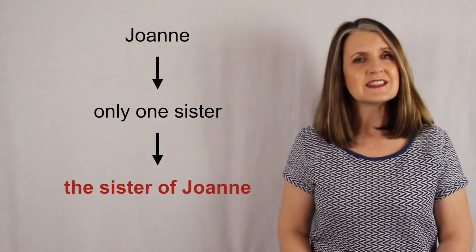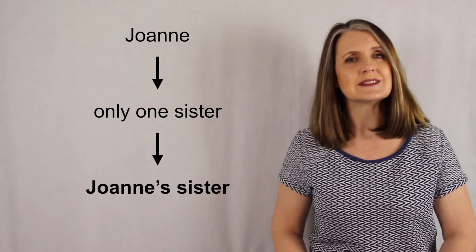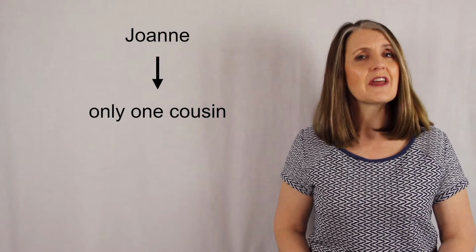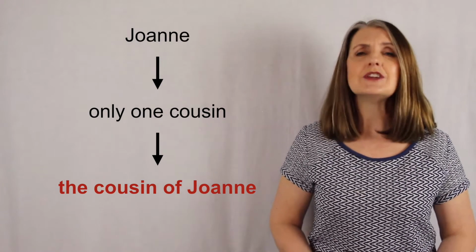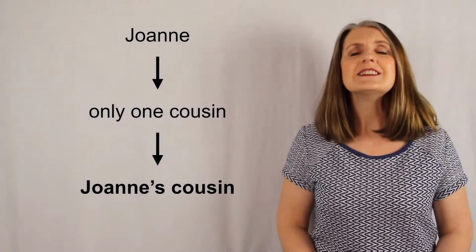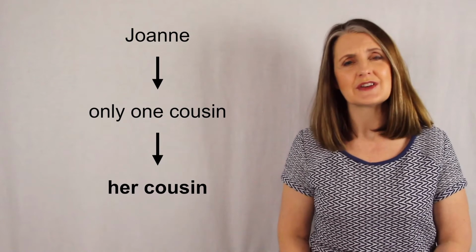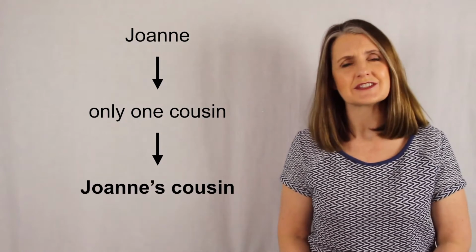If Joanne has one sister, it is not the sister of Joanne, it is Joanne's sister. If Joanne has one cousin, it's not the cousin of Joanne, it's Joanne's cousin. So just like you would say her cousin, we say Joanne's cousin.